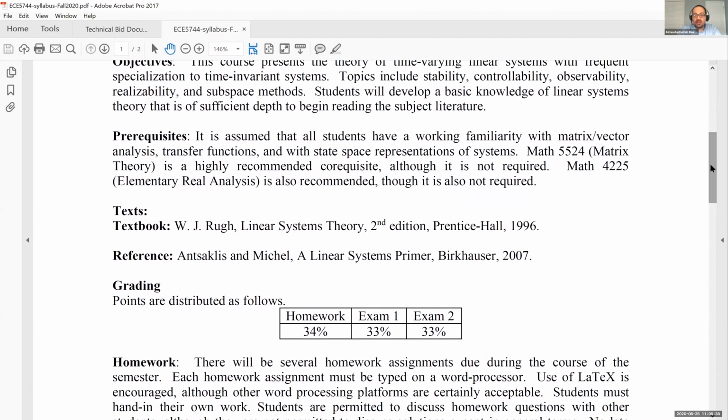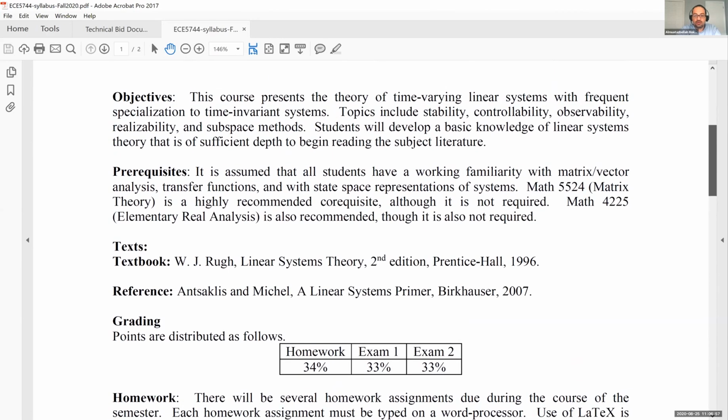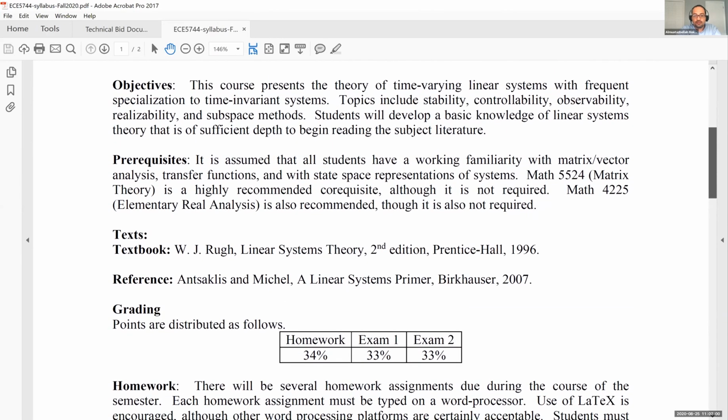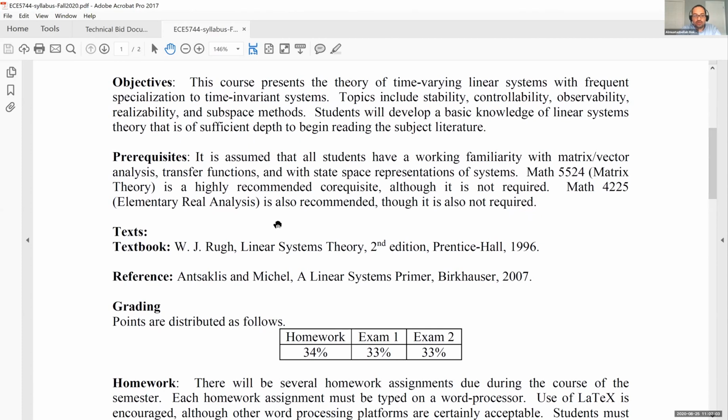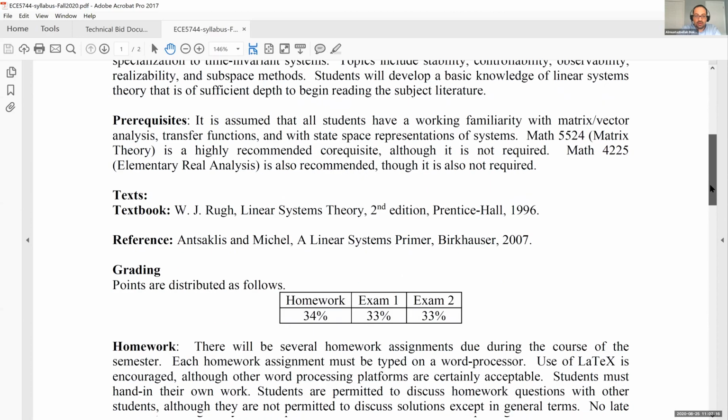The prerequisite for this course is familiarity with matrix and vector analysis, transfer functions, state space representation, which are covered in the undergraduate courses related to algebra and control systems. Math 5524, which is matrix theory, is highly recommended as a co-requisite, but not required. Also Math 4225, which is elementary real analysis, is also recommended as a prereq or as a co-req.